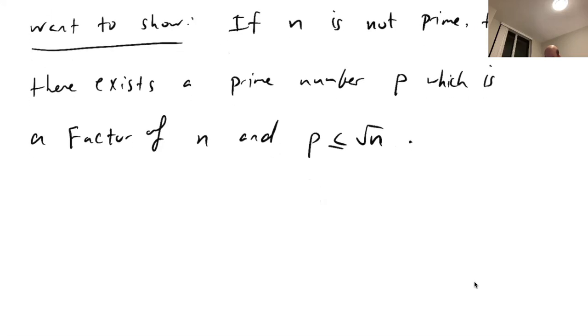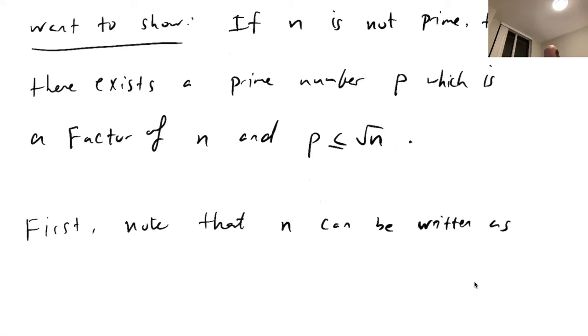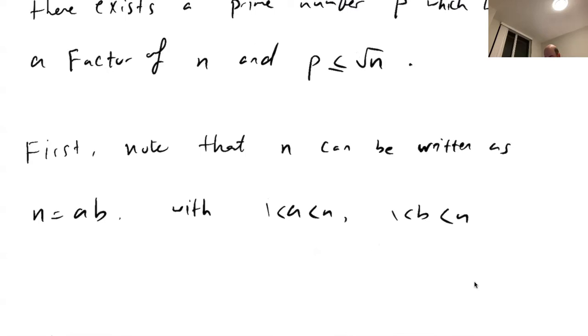So first, note that n can be written as n equals AB with A between 1 and n and B between 1 and n.